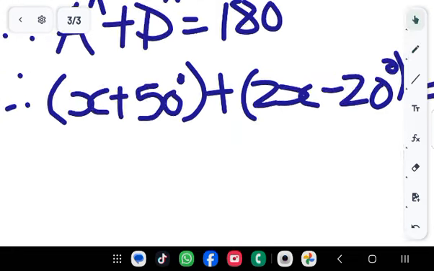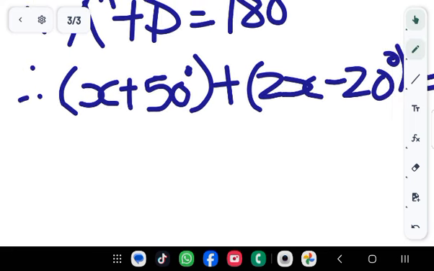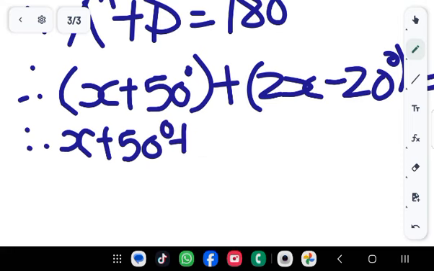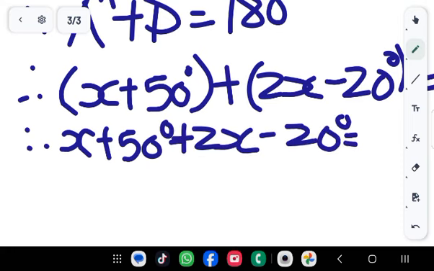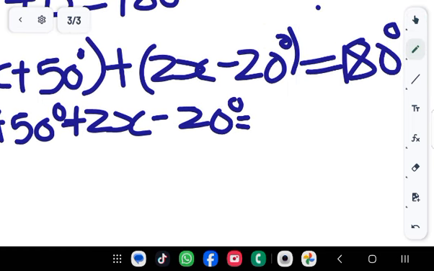We've already stated the reason why that is the case. Now we take off the brackets: x plus 50 degrees plus 2x minus 20 degrees equals 180 degrees.